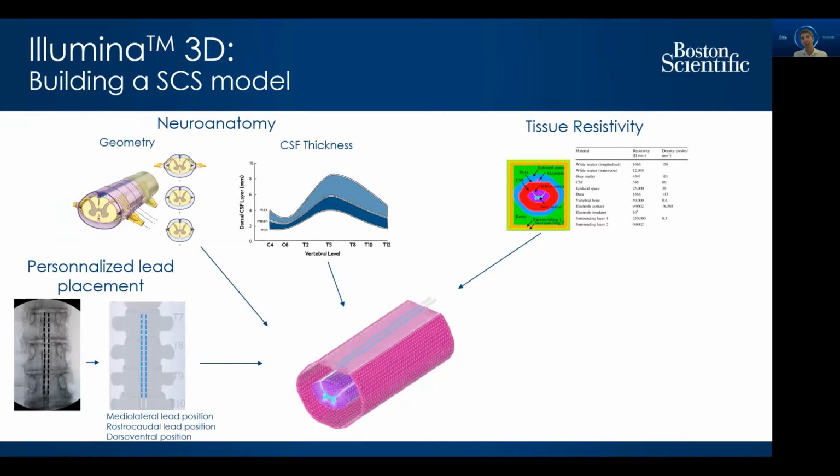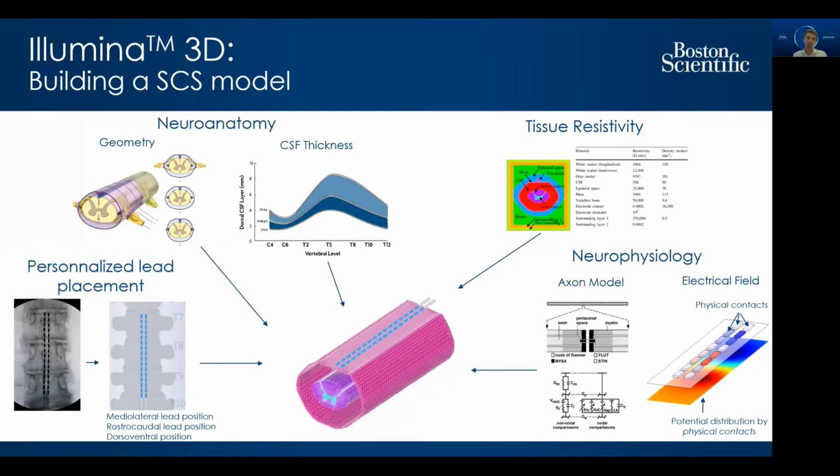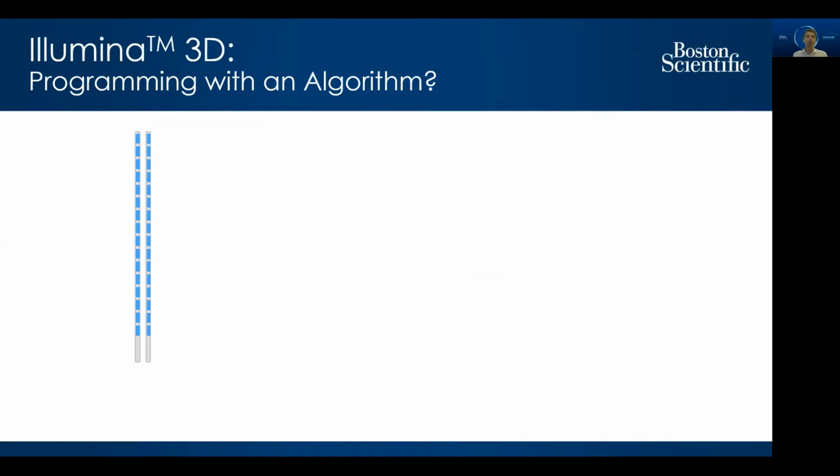We are in fact considering the mediolateral and rostrocaudal placement of the electrodes, their spacing, the potential contact offsets between different leads, and all is based basically on the fluoroscopy of the patient. And finally, we have a modelization of the electric field and its associated axonal response in the dorsal column for a given electrode configuration.